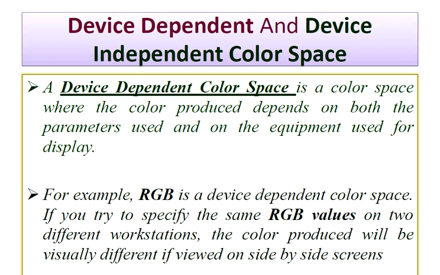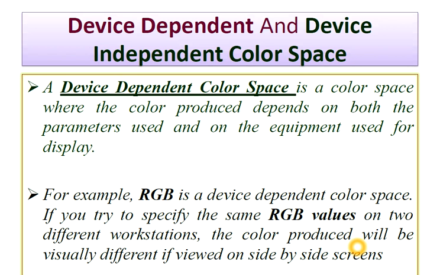So if you try to specify the same RGB values on two different workstations or two different devices, the color produced will be visually different if viewed on side-by-side screens. So you may get different outputs for the same RGB values in different workstations.